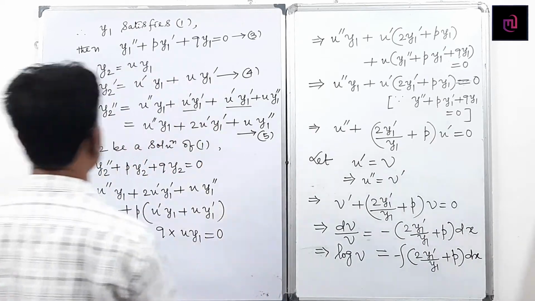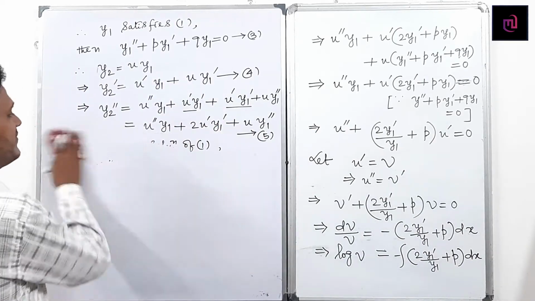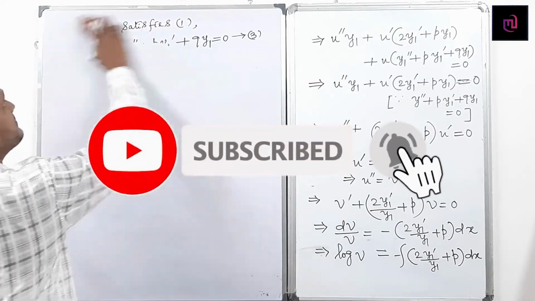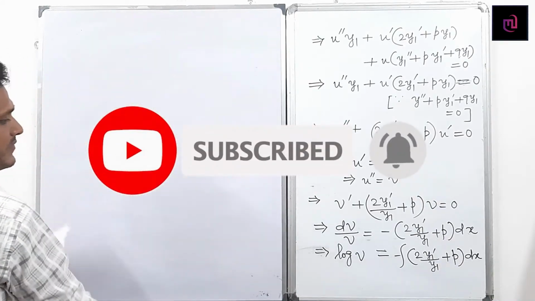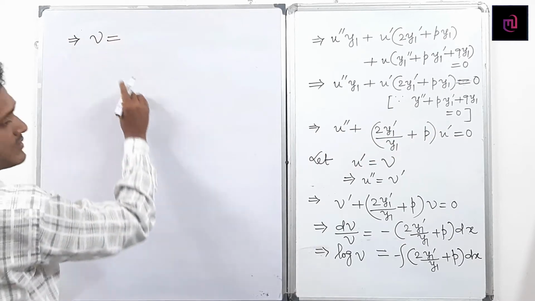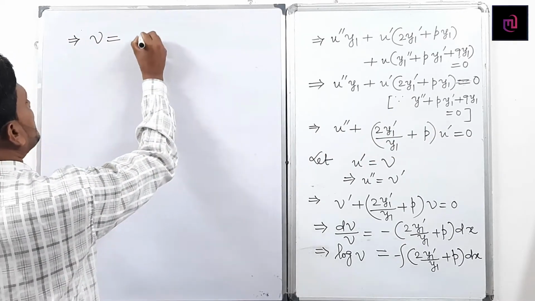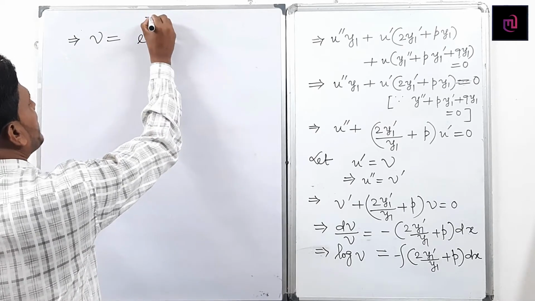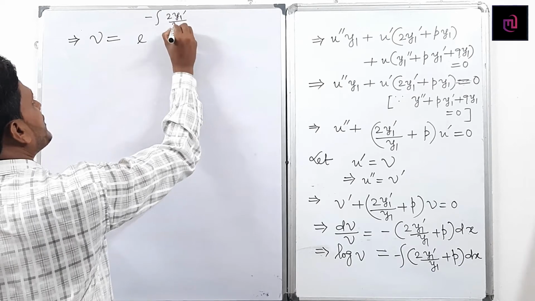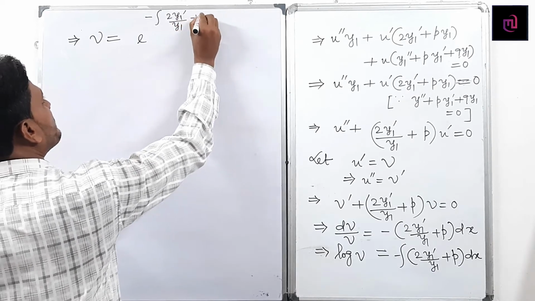So finally v equals e to the power of the integration of minus 2 y1 dash by y1 plus p dx.